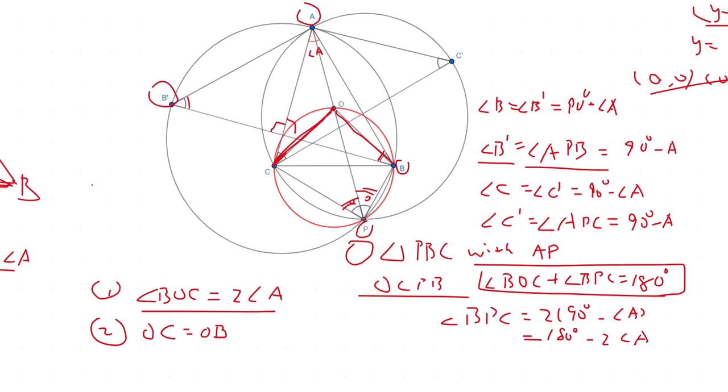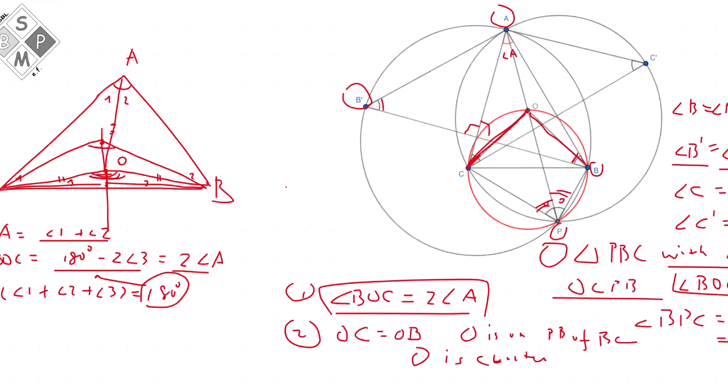That means O is on the perpendicular bisector of BC. Because OB equals OC, O is on the perpendicular bisector of BC, and together with angle BOC being 2 times angle A, O is the center of the circumscribed circle of ABC. So that's what we got from the lemma.